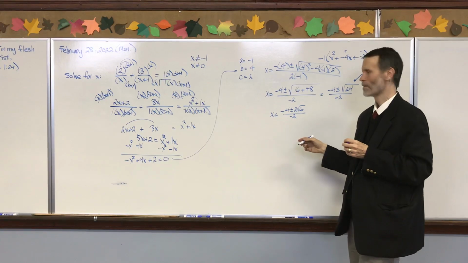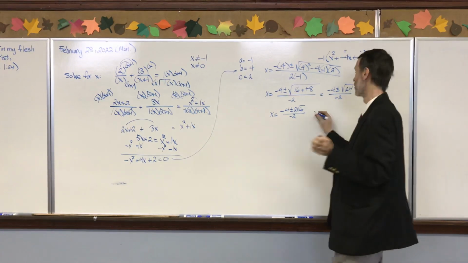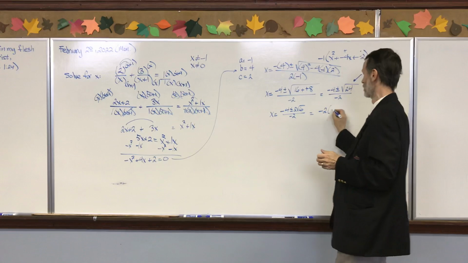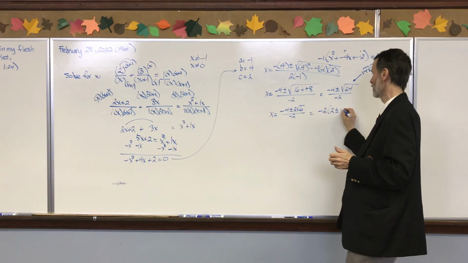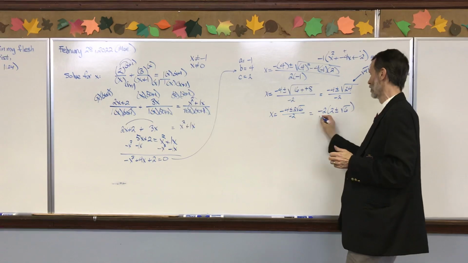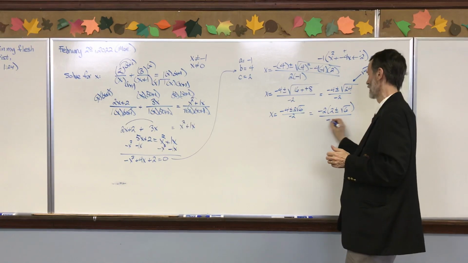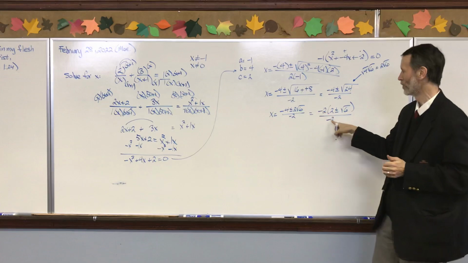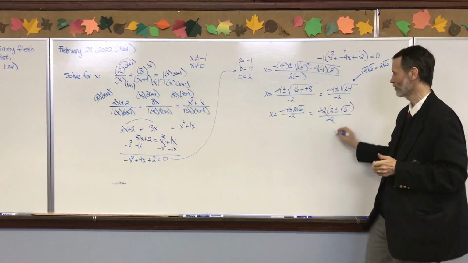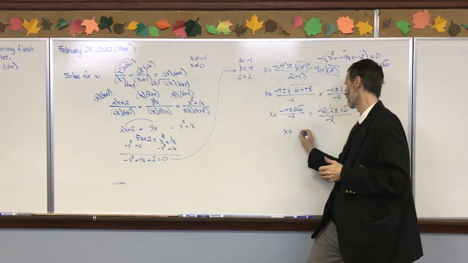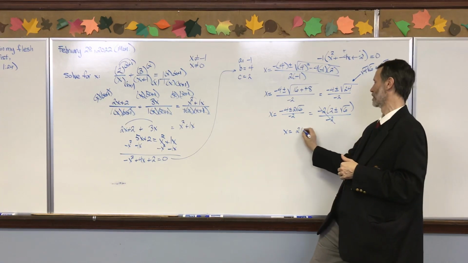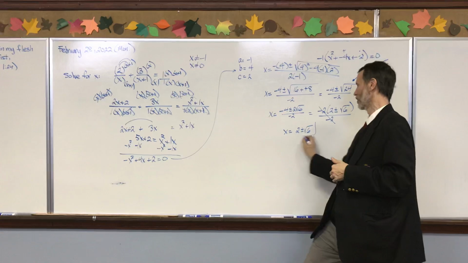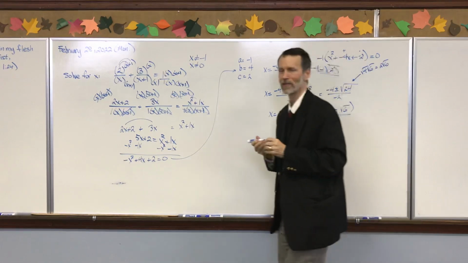Negative 2. Negative 2 times (2 plus or minus radical 6), and the negative 2's cancel. When they're multiplied like this, you can do that. What's your final answer? x equals 2 plus or minus radical 6. Got it. Those are your solutions.